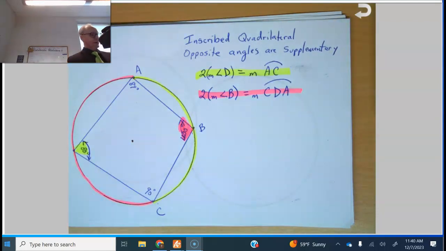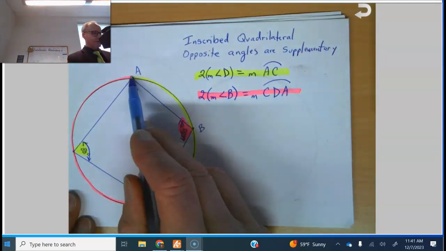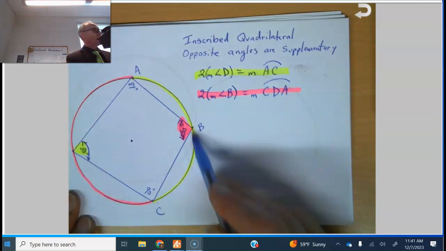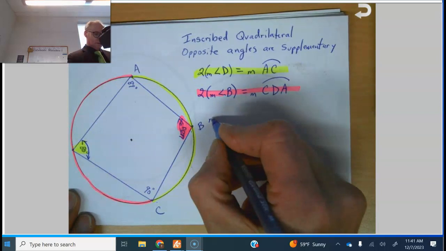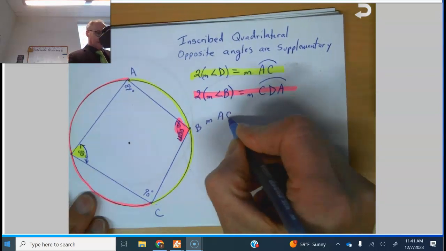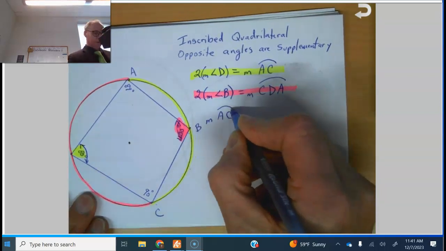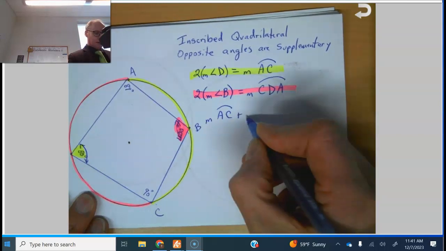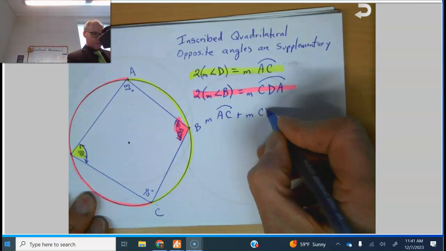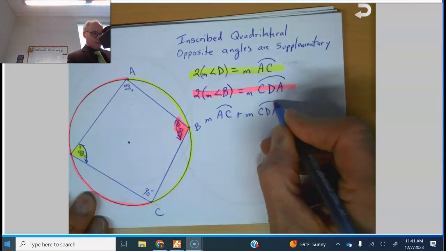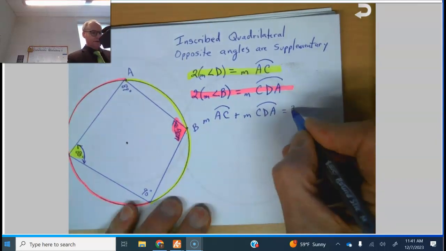Now, what you should notice is that if I add the arcs together, I get a whole circle. If I add the yellow arc with my pink arc, CDA, I get 360 degrees.